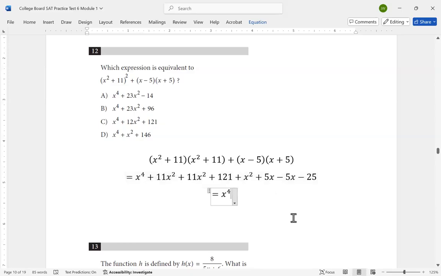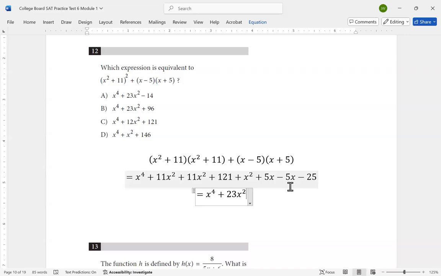And so that combines to give me 23 copies of x squared, or 23x squared. If you look at the terms with x's raised to the first power, there's 5x and a minus 5x. Those cancel each other out. So we get no x term.